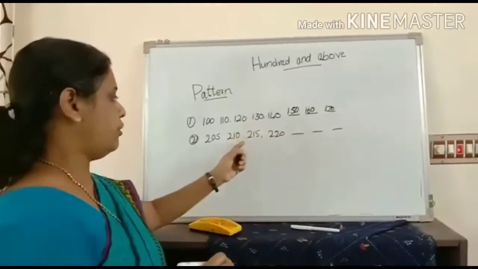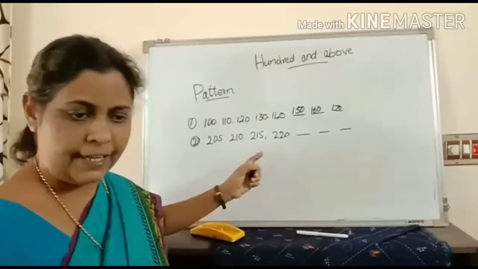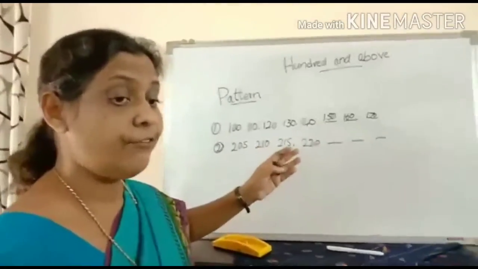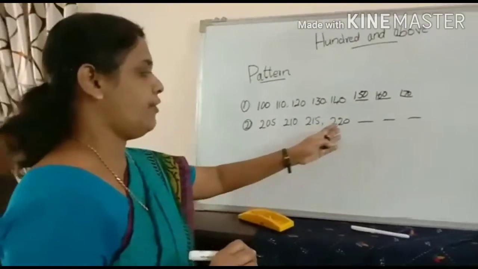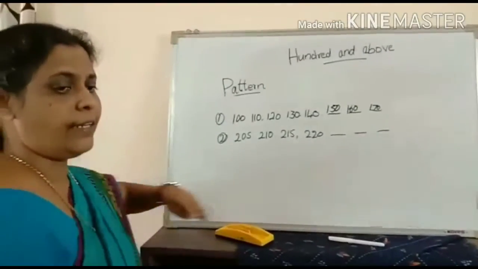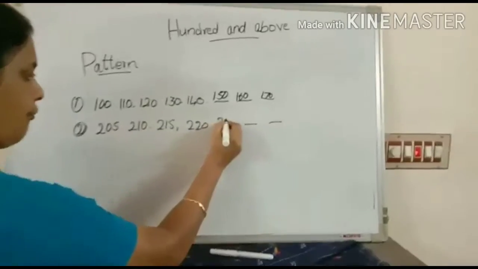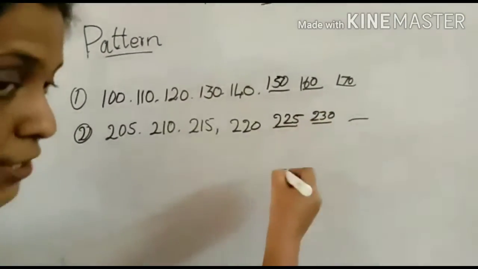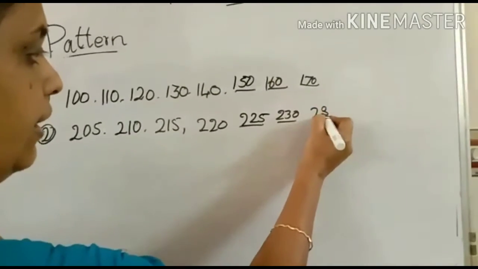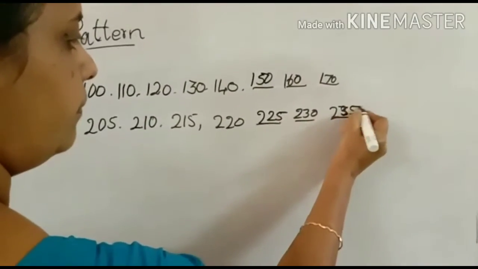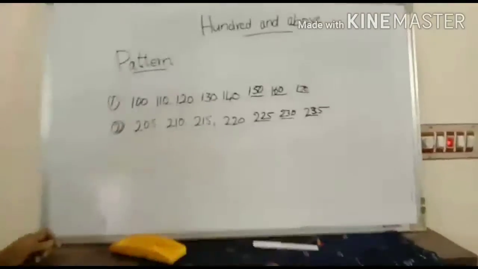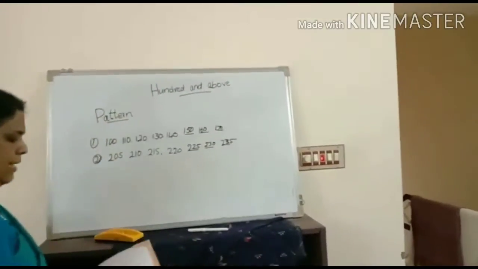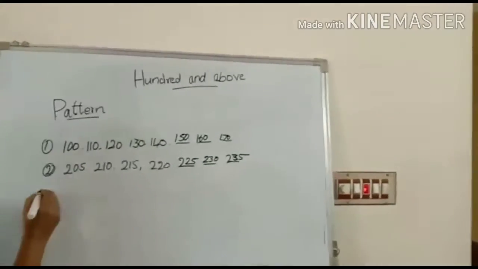Then 215 and 210, 5. So this pattern is adding 5. 215, 220, then next one 225, then 230, the next one 235. Do you understand this? Yes. Then see the next one.